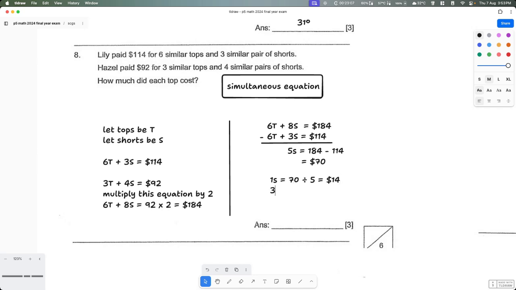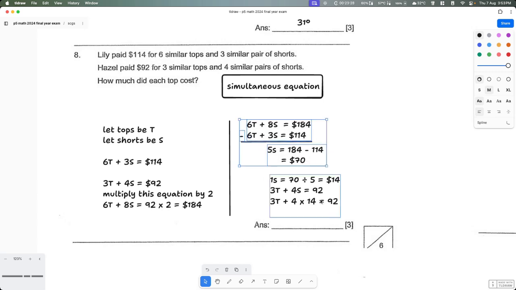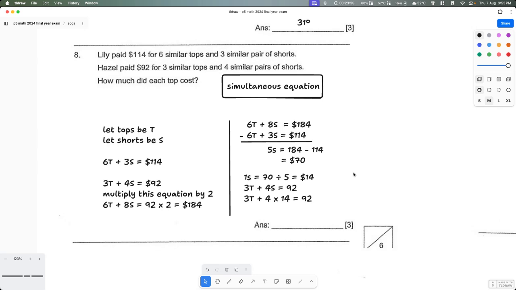So we know that 3T plus 4S is equal to 92, right? That means 3T plus 4 times 14 equal to 92. So let me see if I can move this so that it's easier. Okay, over here.